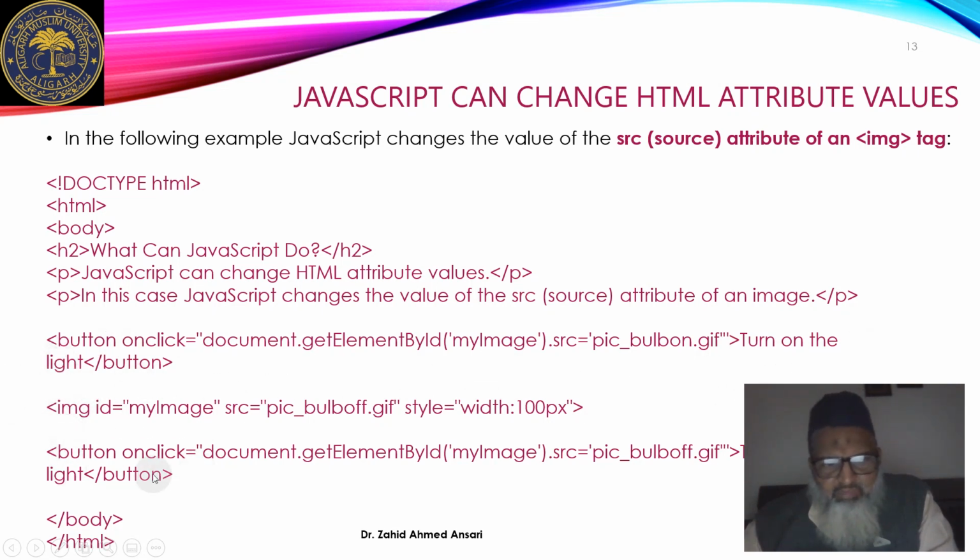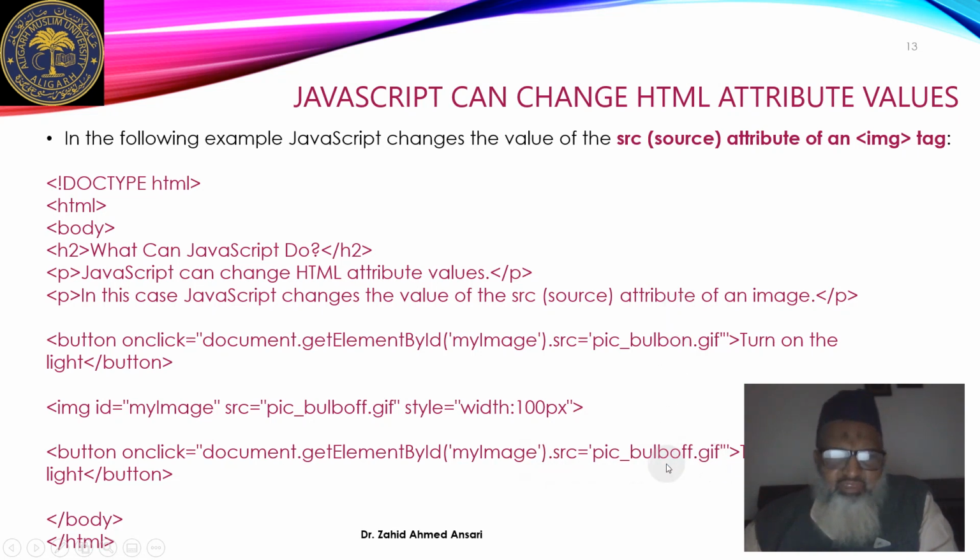Similarly, we have another button over here on which we write turn off the light. On click, we change the source to pic_bulboff.gif. So in one button we change the source to bulbon.gif, and in another button we change the source to pic_bulboff.gif.